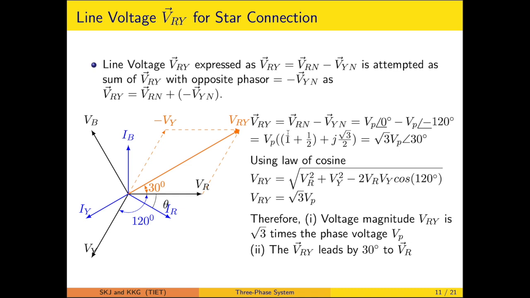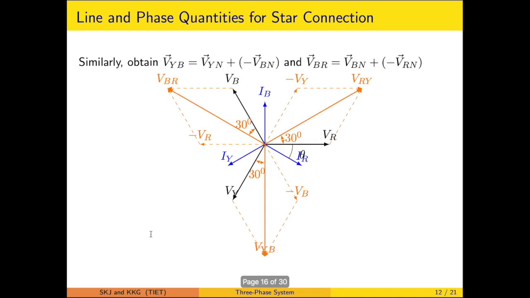Similarly we can calculate the voltages for the others, which also maintain the 120 degree cyclic arrangement. When that cyclic arrangement is made, VRY is listed like this, and VYB will be lagging by 120 degrees.